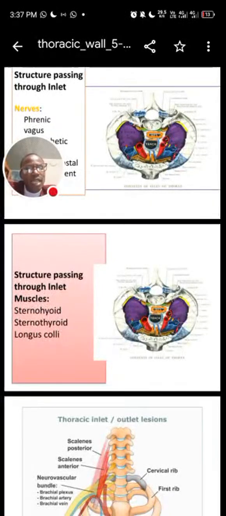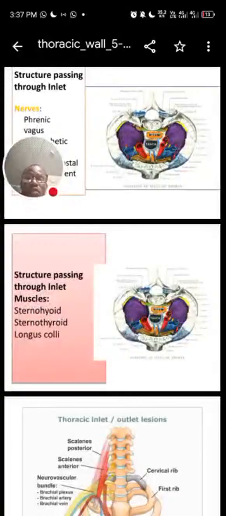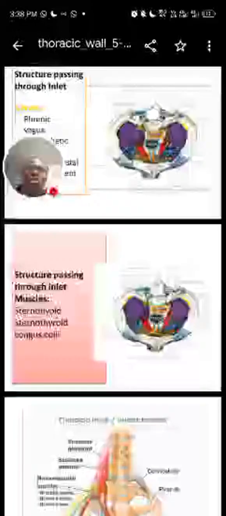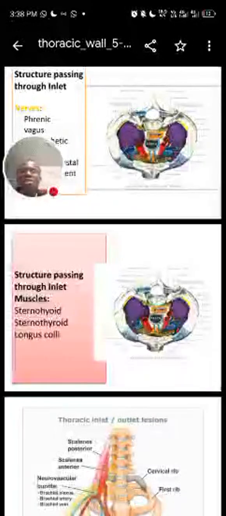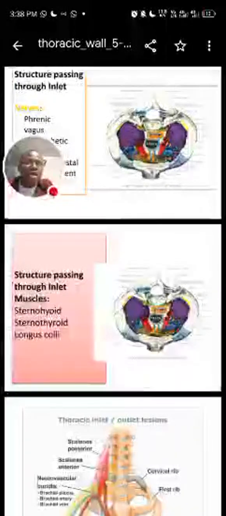Star, or SAT, that's the superior aperture of the thorax. It means you have V squared man. The first V is for veins, BSC are the veins. Remember the name: PVSF.